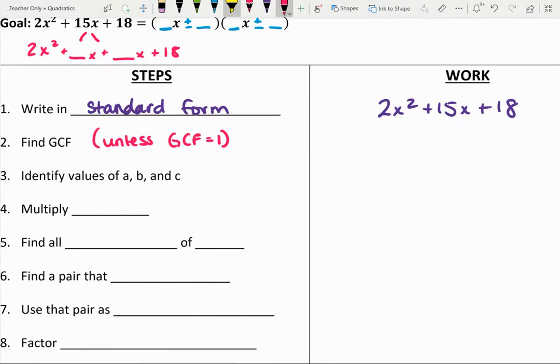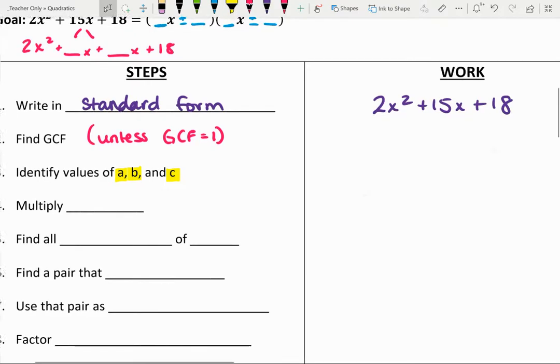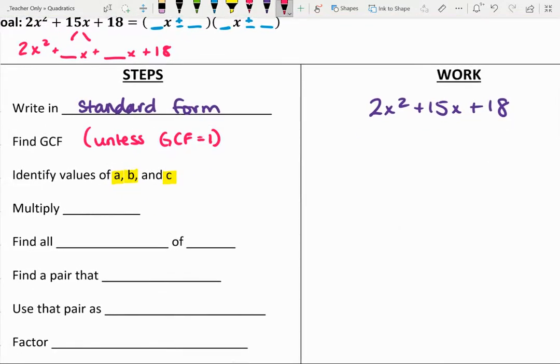So step 3, we're going to identify our A, B, and C values. So remember, standard form is always set up the same way, where A goes with the x squared, B goes with the x, and C is the constant.